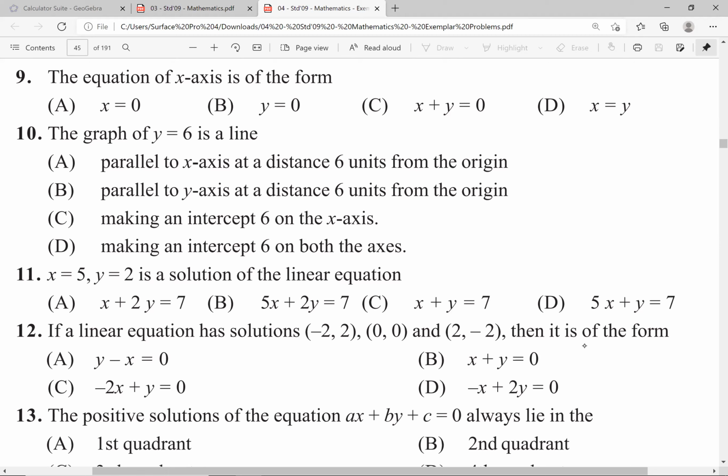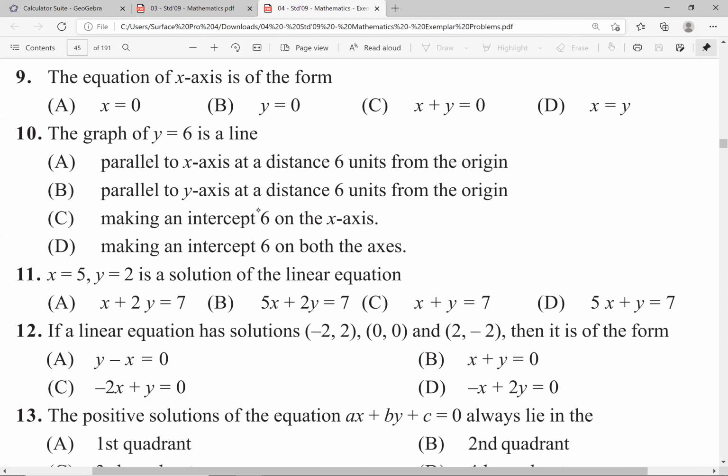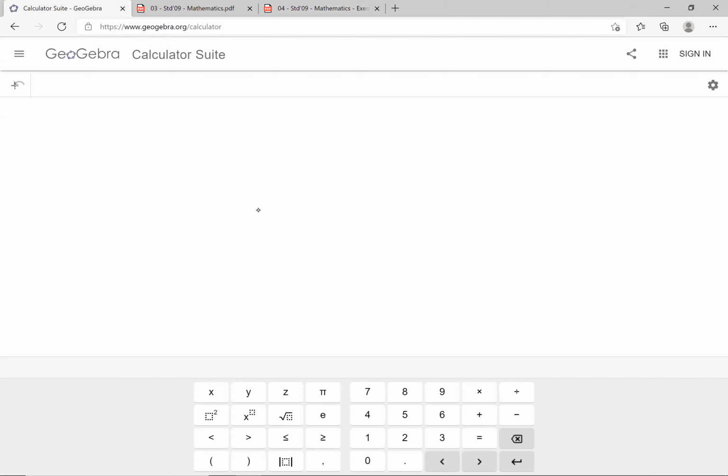Ma'am, B. Okay, very good. Excellent, Miraj. See, I'll show you how. Or let's do one thing. So it says equation of x-axis is of the form.